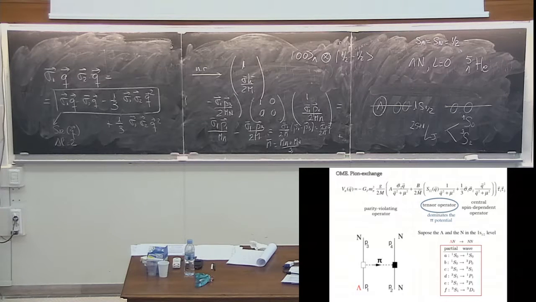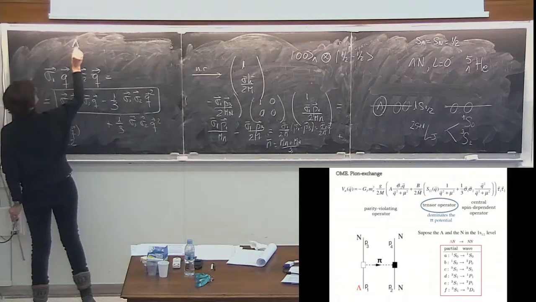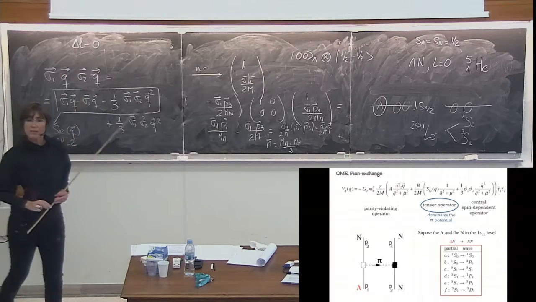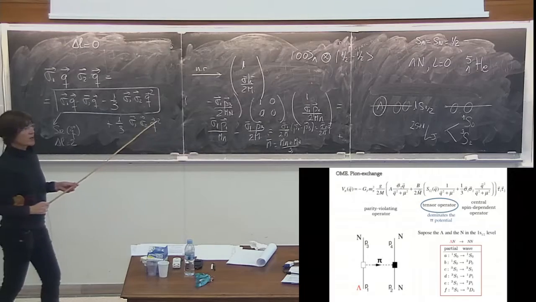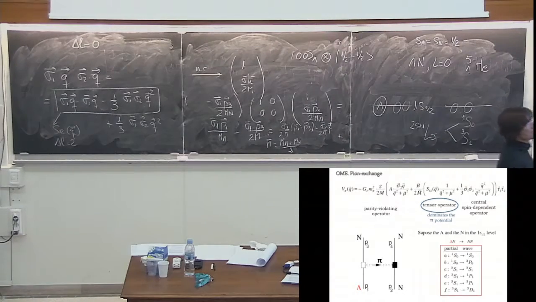So that means that the central part of the potential will not make any change in the spin or in the angular momentum. It carries 0 units of angular momentum, 0 units of spin. So it's a scalar in spin space. So it takes you from the singlet state to the singlet state, or the triplet state to the triplet state.